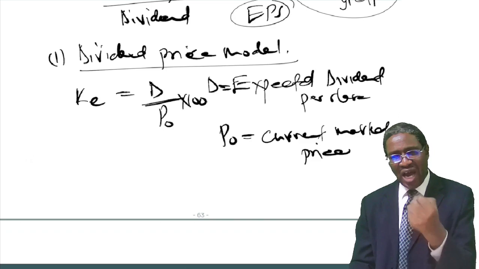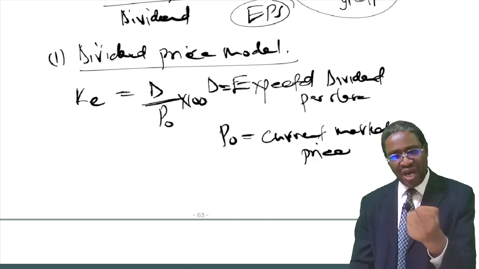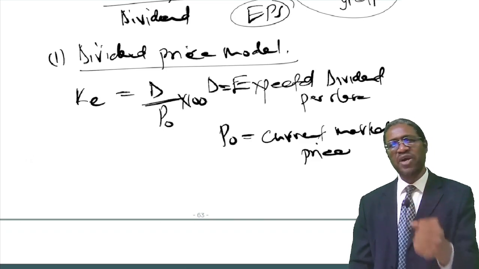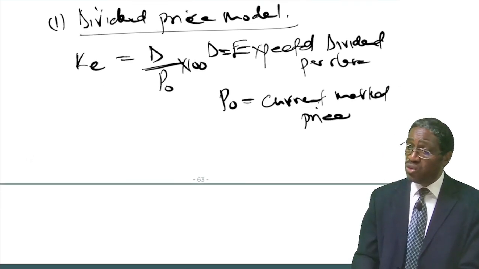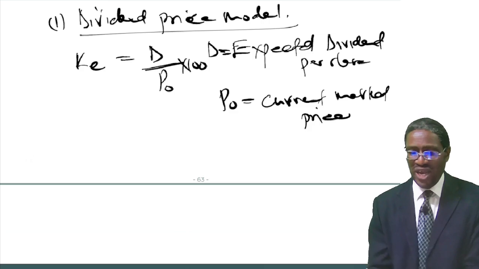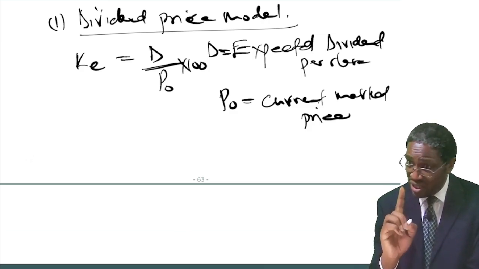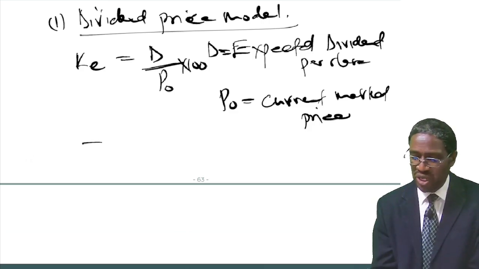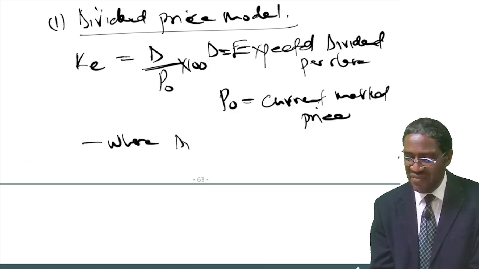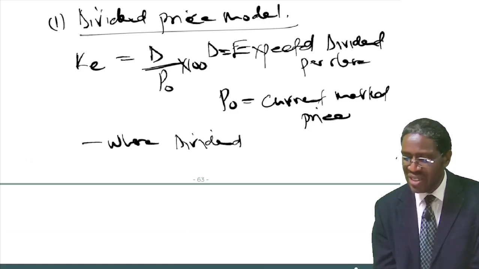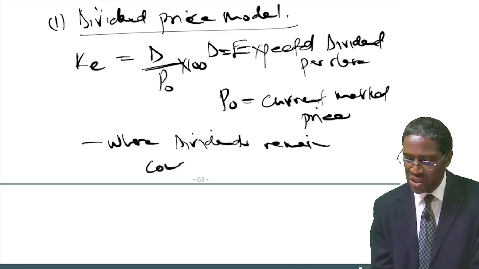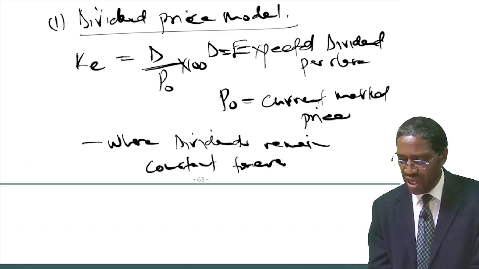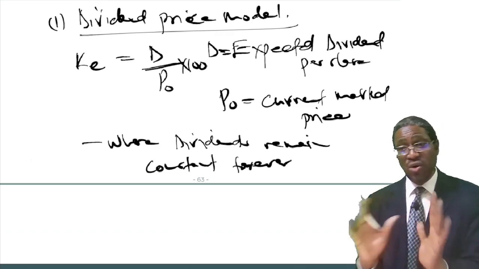The dividend price model is a formula we normally use where dividends remain constant forever.